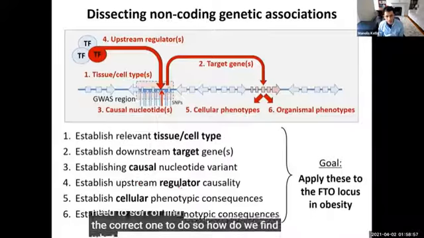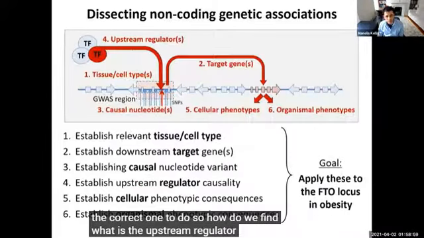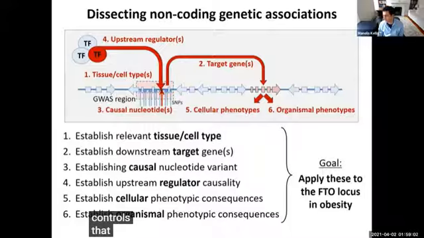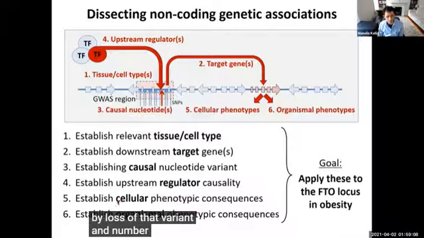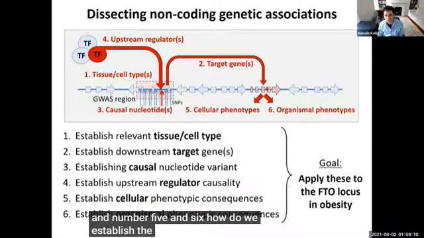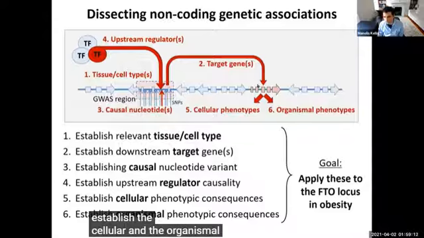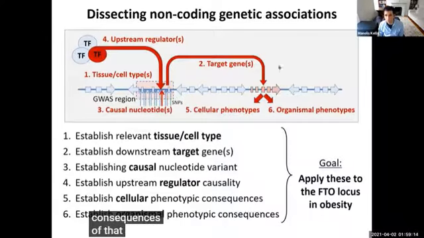How do we find the upstream regulator that controls that region, whose binding is disrupted by loss of that variant? And number 5 and 6, how do we establish the cellular and the organismal phenotypic consequences of those target genes?